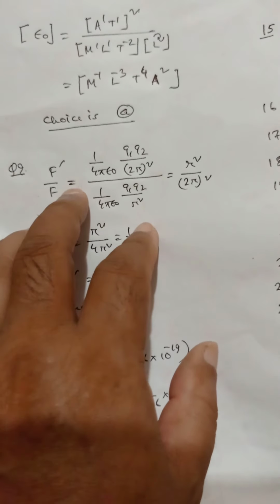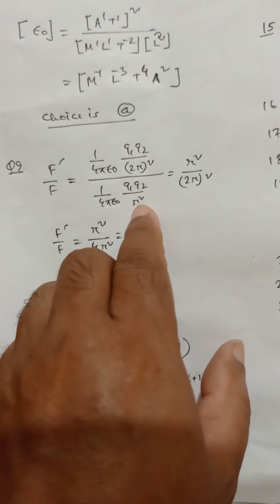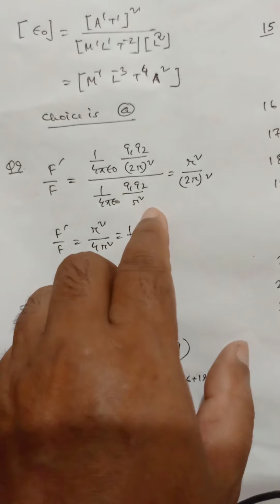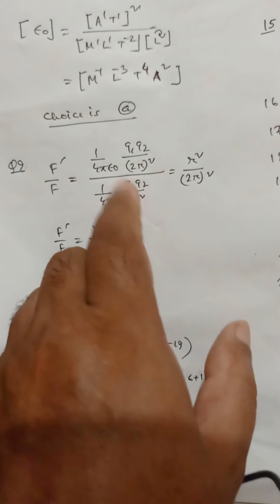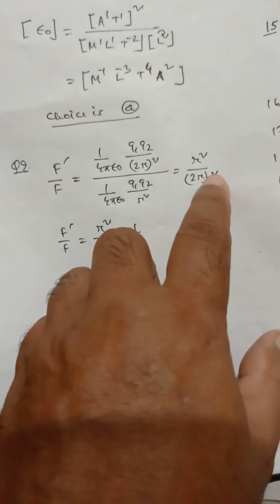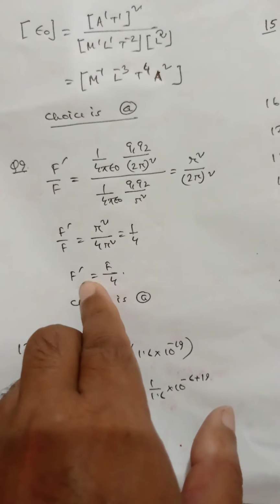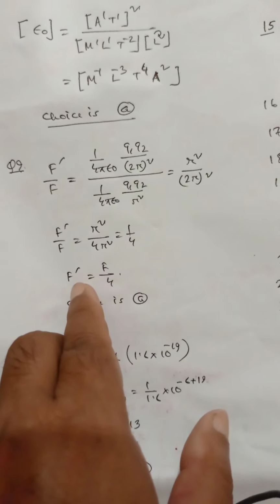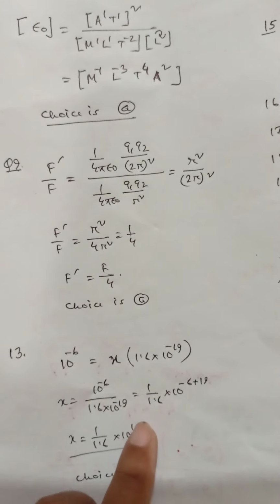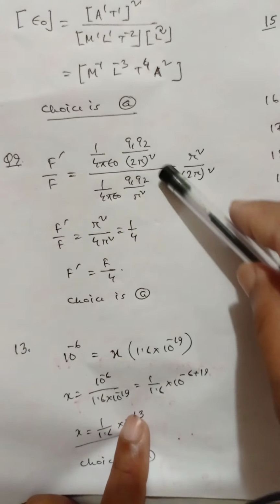F dash by F. Initially the distance between the two charges is R, and finally the distance between the two charges becomes twice R. So Coulomb's law has R square, and the constants and Q1 Q2 get cancelled. That means when the distance between two charges becomes double, the force between the two charges becomes 1/4 of the original force.